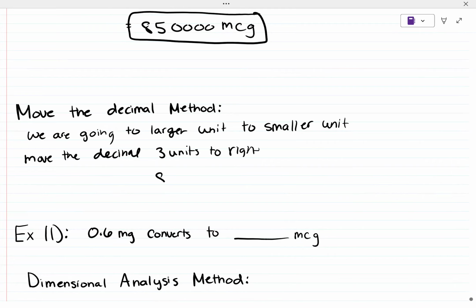So we were given 850, where the decimal, if you don't see it, is right here. And then you go ahead and move that 3 units to the right. So it's 1, 2, 3, dot, and it's going to be 850, and then 4 zeros, mcg.